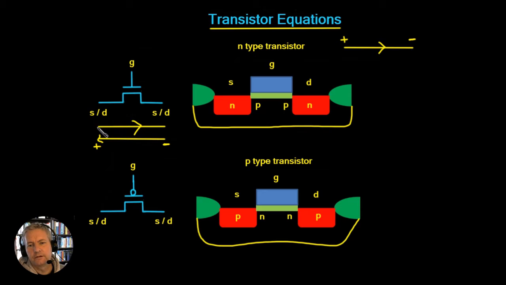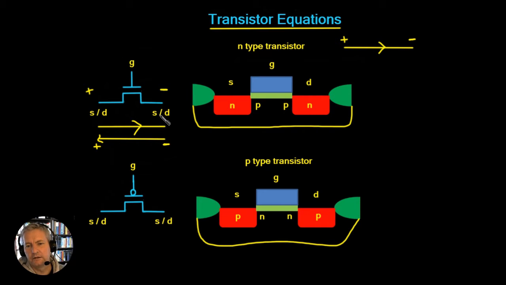So let's say, for example, the conventional current is in this direction. That would mean that this terminal here must be the positive terminal, and this terminal here must be the negative terminal. We said that this is an N-type transistor, and that the charge carriers are electrons, and the charge carriers come from the source to the drain.